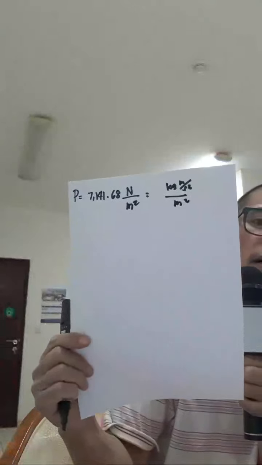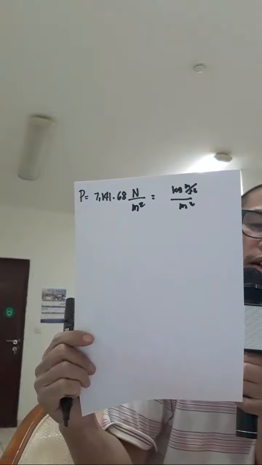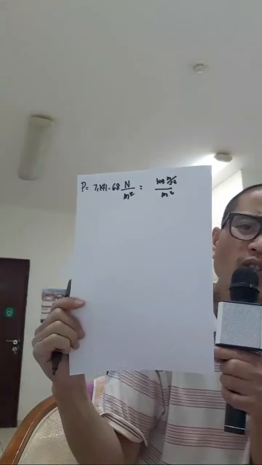Okay, Newton is kilogram meter per second squared, and then over meter squared. So kilogram meter per second squared is a Newton, and then over per square meters. Okay, like that. So this is Pascal.